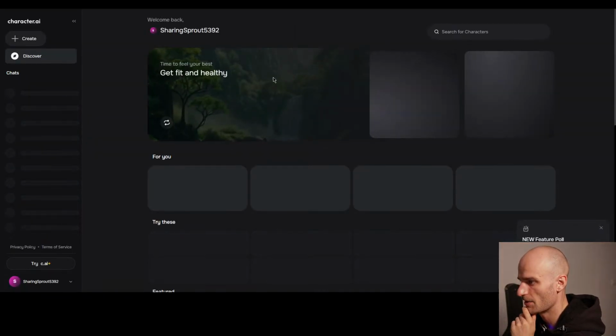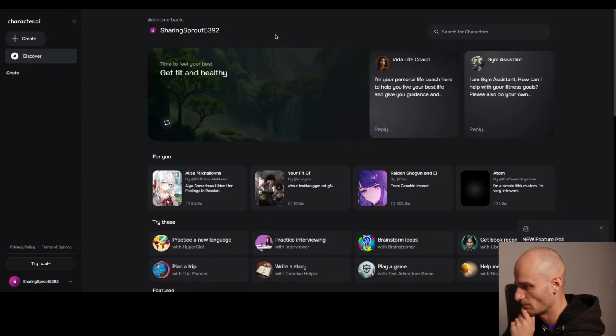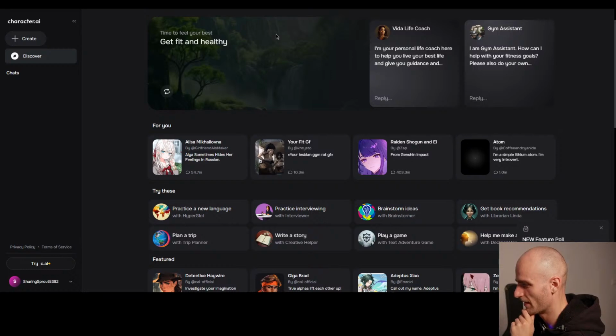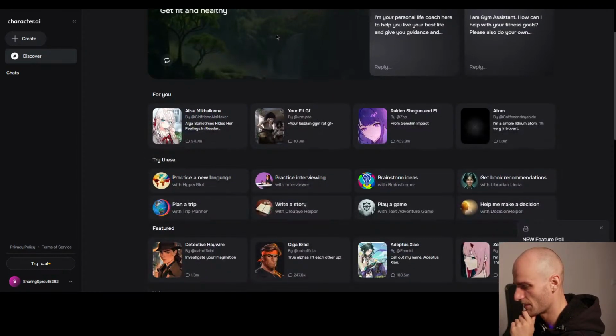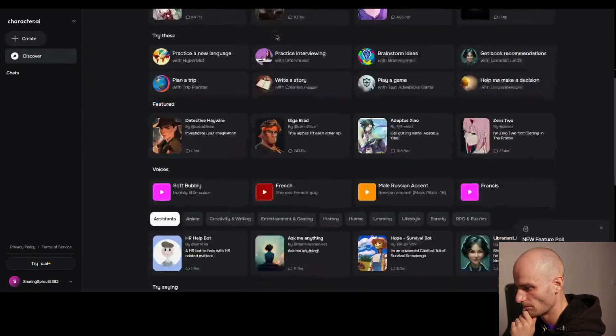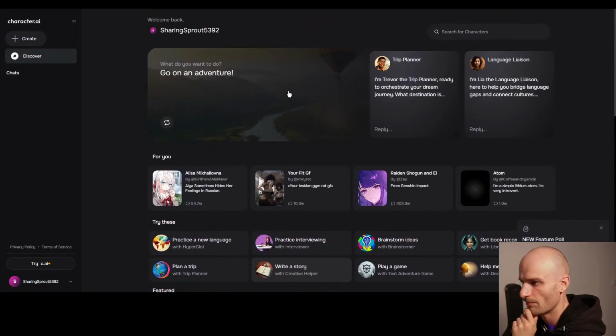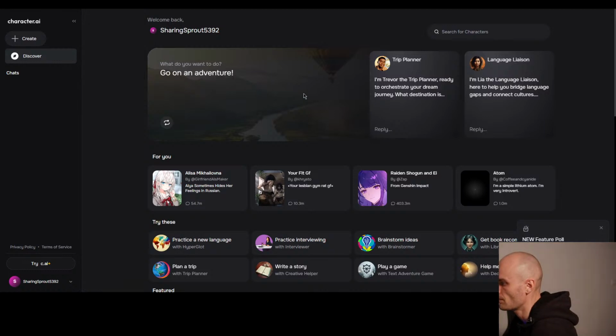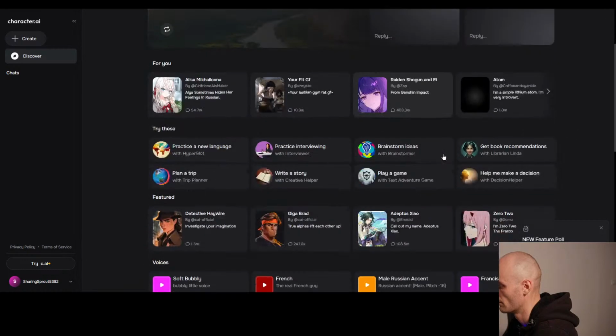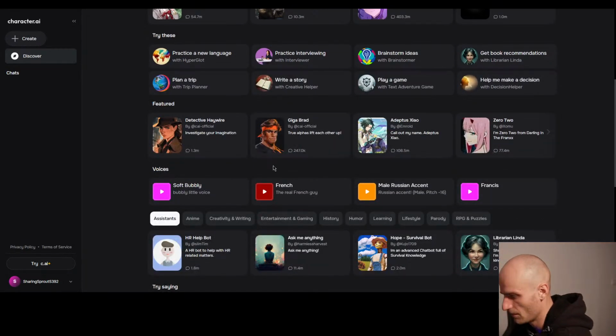And let's see, what do they offer? Okay, this is interesting. So these are all AI characters living in services by Google.